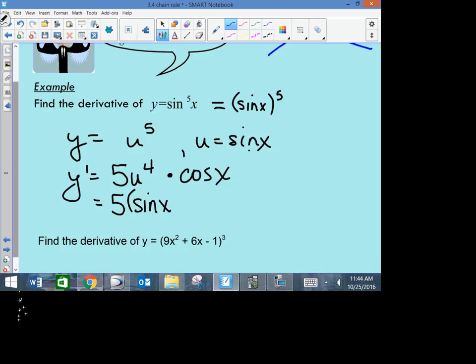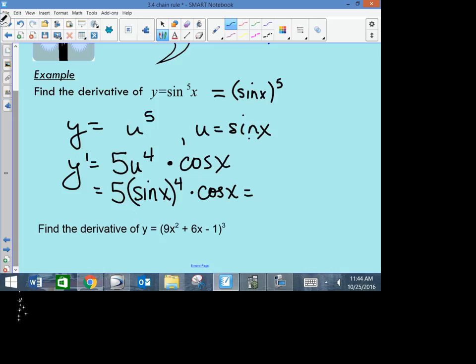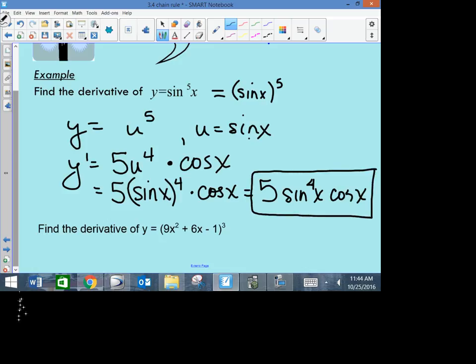Sine x to the fourth times cosine of x. Usually we write that like 5 sine to the fourth x cosine of x. This is the same as that, but you might as well write it how you're supposed to write it, because that's how you're going to see it.